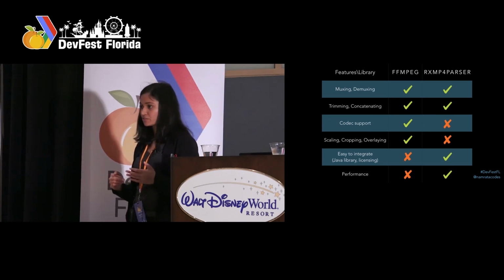And also the licensing terms for FFmpeg are kind of restrictive. It limits the codecs that you can use, and you have to look for other libraries that support encoding and decoding those formats.